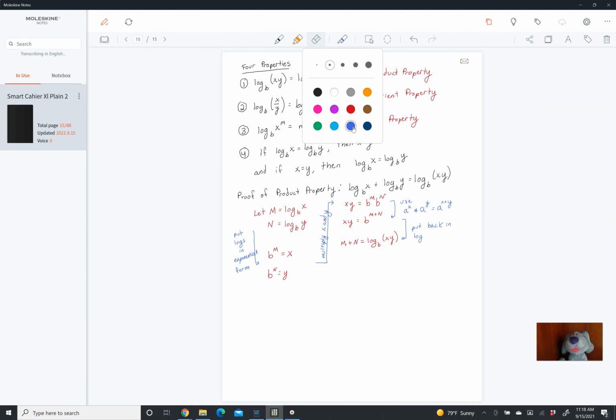And then the last thing that we're going to do is substitute back in. And this gives us our therefore. So therefore, log base b of x plus log base b of y is equal to log base b of x times y.